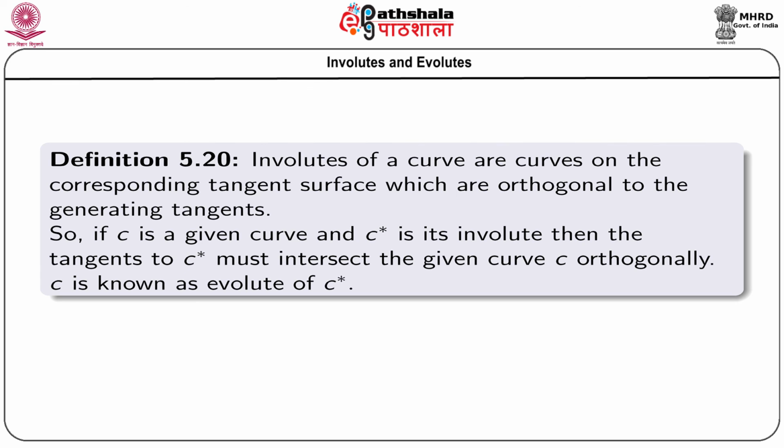If C is a given curve and C star is its involute, then the tangents to C must intersect the curve C star orthogonally. By the definition of involute, we are getting this, and C is known as evolute of C star. So, if C star is the involute of C, then C is called the evolute of C star.